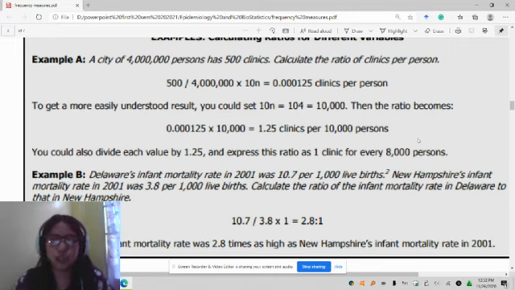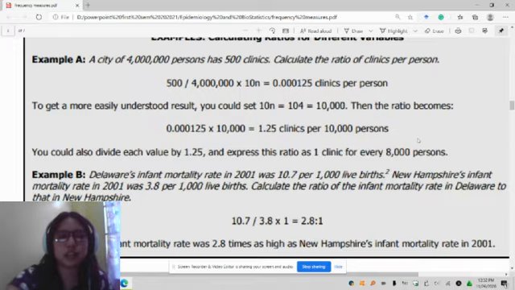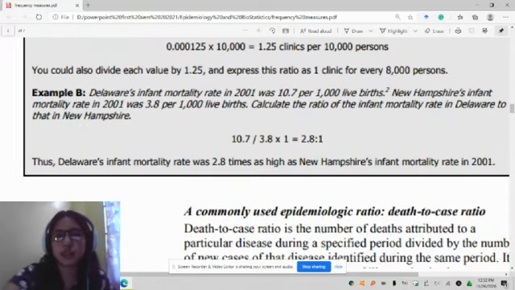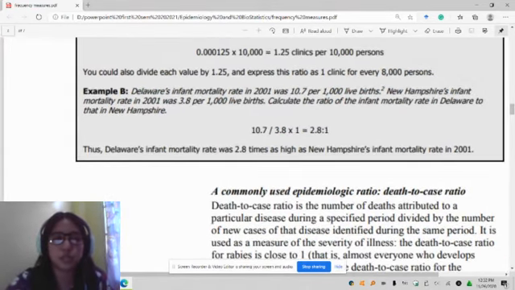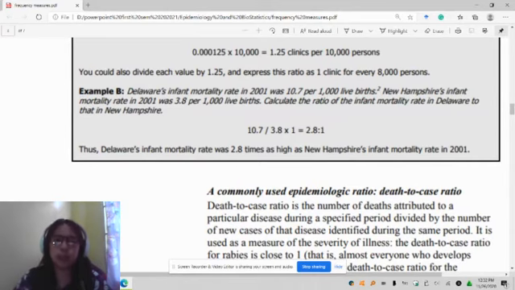We also have another example, for infant mortality rate, which is 10.7 per 1,000 live births in Delaware. New Hampshire infant mortality in 2001 was 3.8 per 1,000 live births. Calculate the ratio of the infant mortality rate in Delaware to that in New Hampshire.